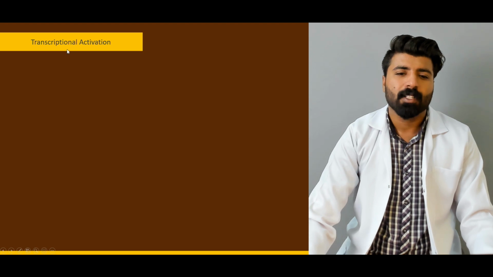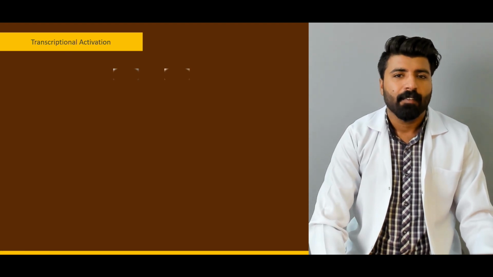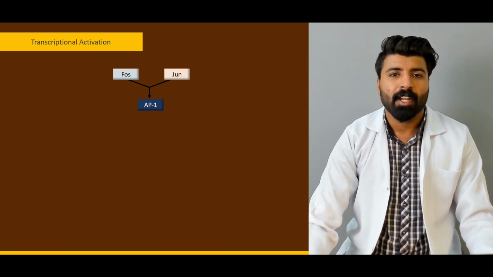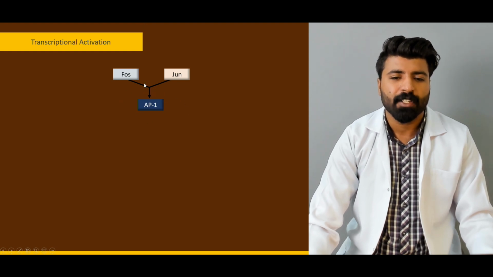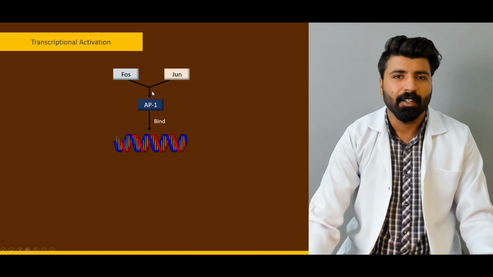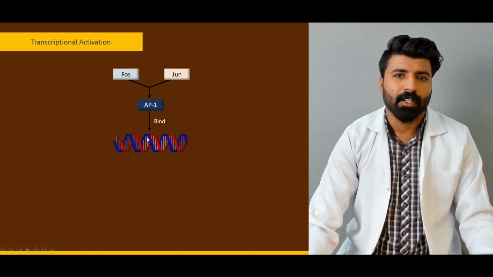Next on we have transcriptional activation. How does it get activated with the help of transcription? We have Fos and Jun which act on AP1. Now AP1 is a protein. It's a very important protein which is related to these Fos and Jun. What happens is AP1 protein gets activated, then it binds to the DNA.